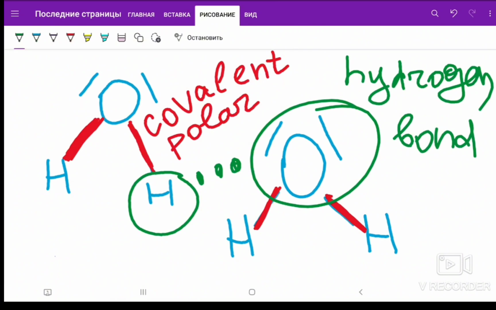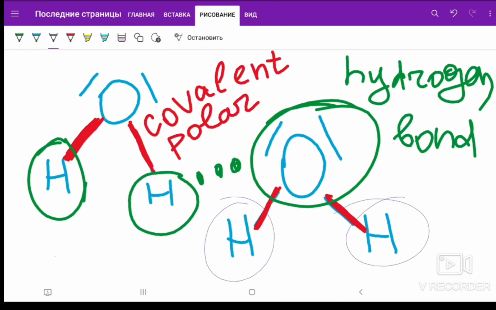So, the same thing we can say about this hydrogen and this oxygen of this molecule, because both of them have a covalent polar bonding with their oxygen, so they will create a hydrogen bond with the other molecule. What about this one? So this hydrogen and this hydrogen will create hydrogen bond with this oxygen. So we can see that 1, 2, 3, 4. Overall, there are 4 hydrogen bondings between these two molecules.